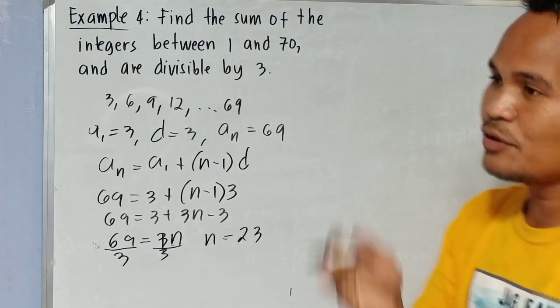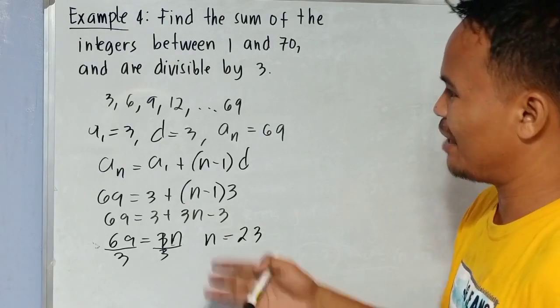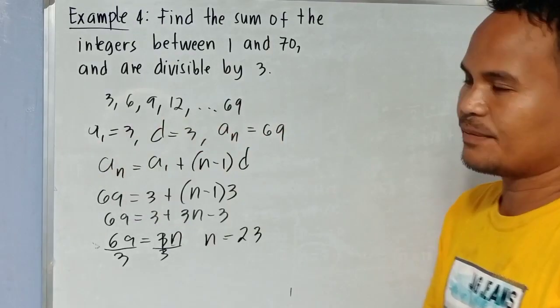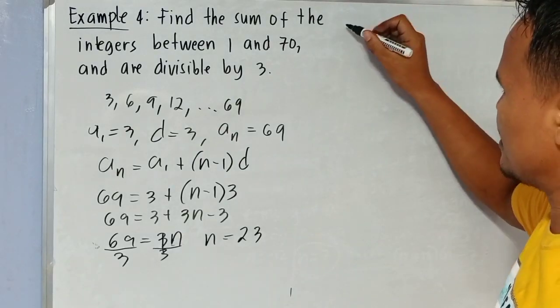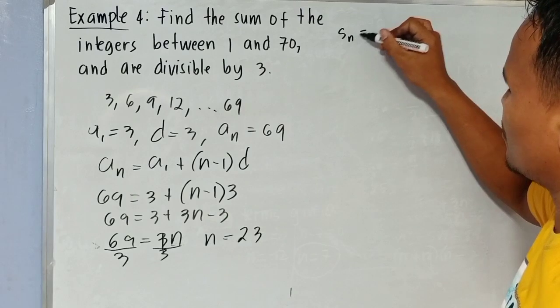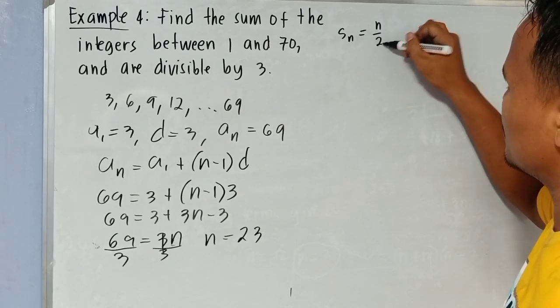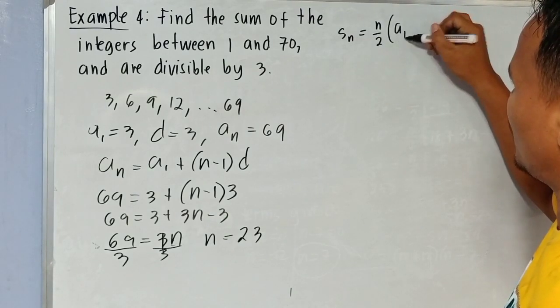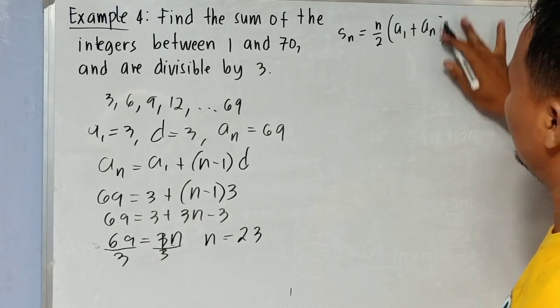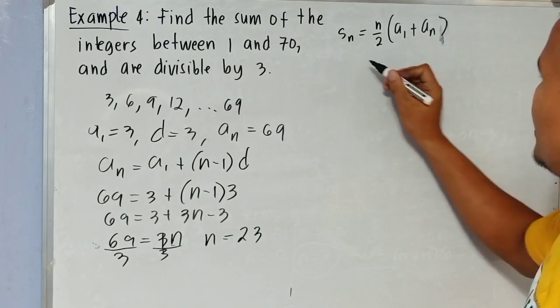It's either of the two formulas that we are going to use because we have the last term, we have the number of terms, and we have the first term. So let us use the first formula: S sub n equals n over 2 times a sub 1 plus a sub n. Okay, then substitute.